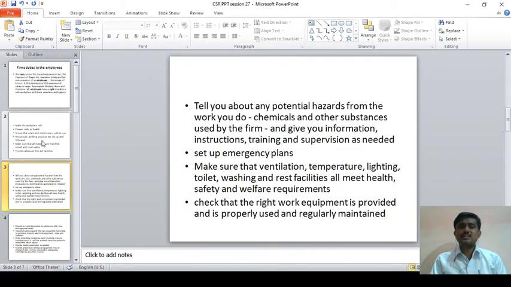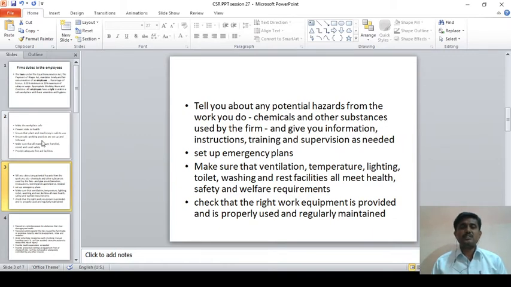And next one is tell employees about any potential hazards from the work they are doing. For example, in the case of chemicals and other substances used by the firm, give information about them, and instructions, training and supervision as needed for the work.